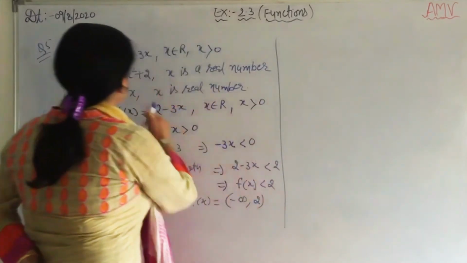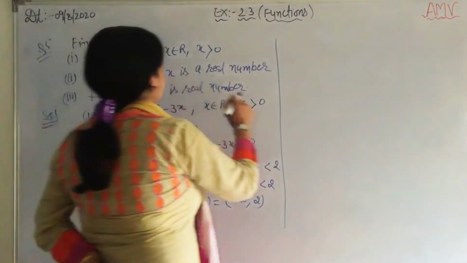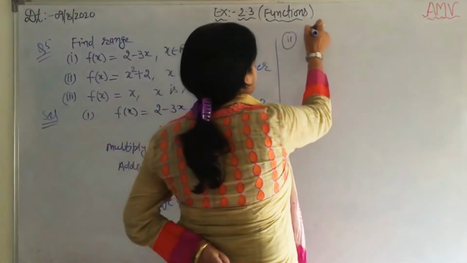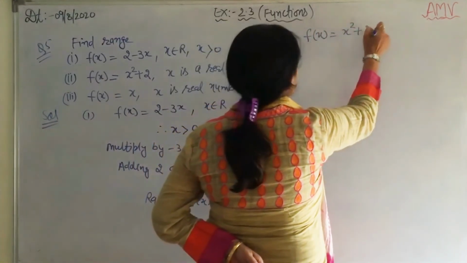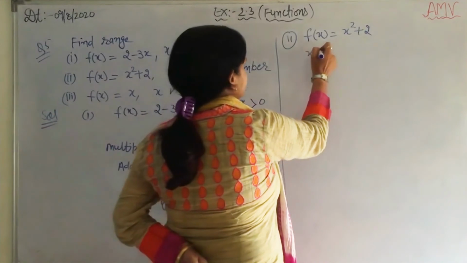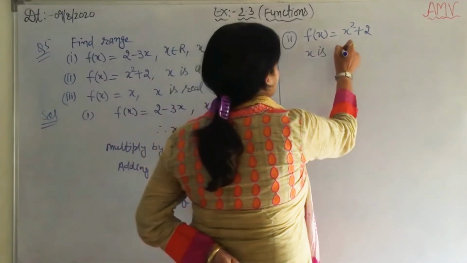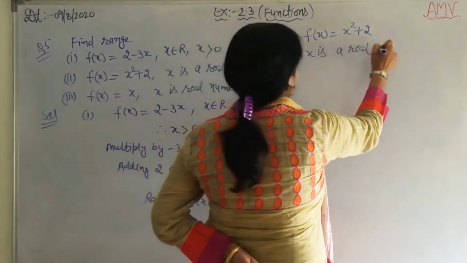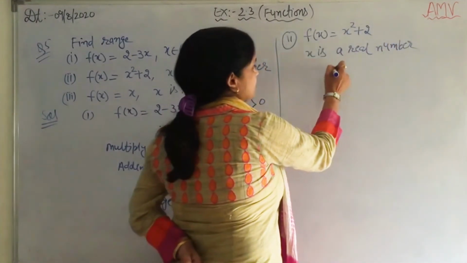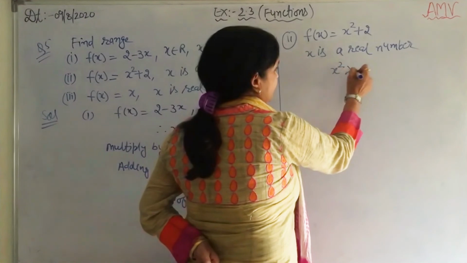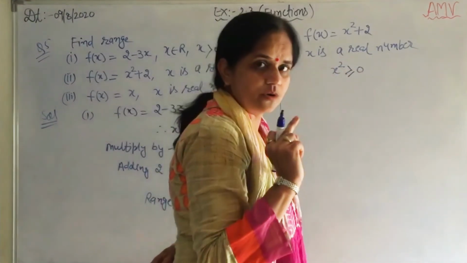Now for the second part, here f(x) is given x square plus 2. x is a real number. Now students, x square is always greater than or equal to 0.